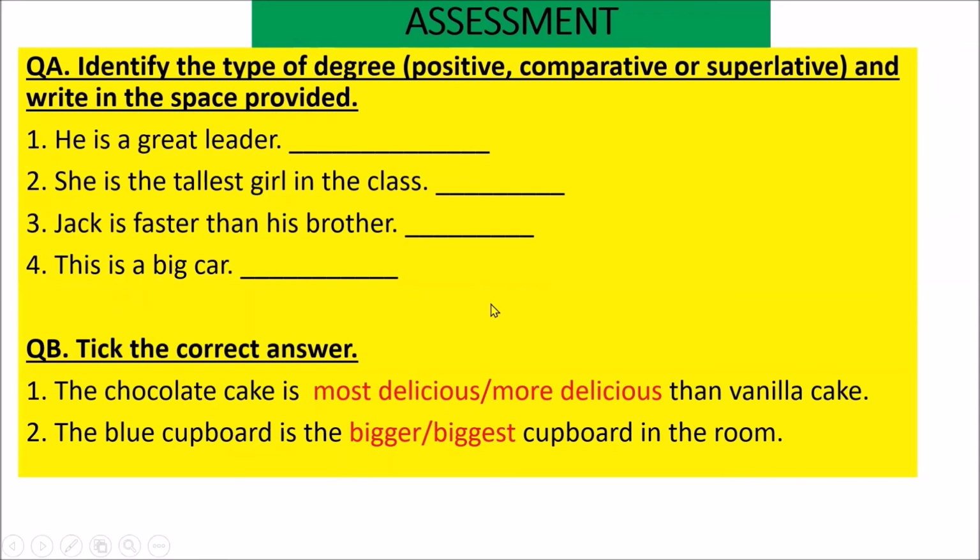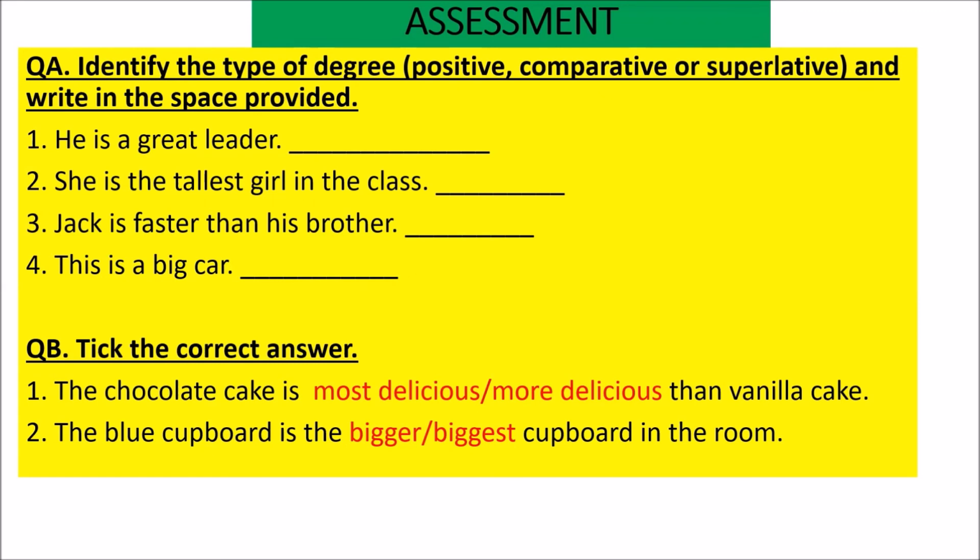So in the assessment, you are going to do these exercises, and once you are done, you will mention it in the comment. The second type of question is just to tick the correct answer, or you may highlight, or write, or tick.